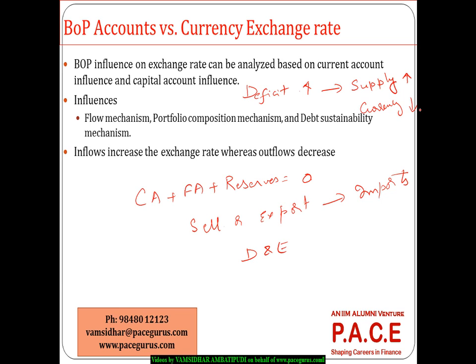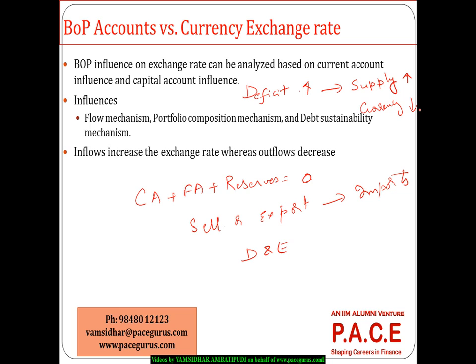Similarly, the composition of the portfolios and the debt sustainability mechanism, all these things could have a very significant impact on the balance of payments of the country, which will in turn have a major impact on the exchange rate also.